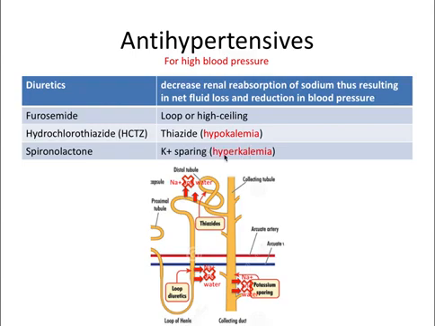So both of these are potential issues and can cause life-threatening problems with your heartbeat called arrhythmias, which we'll talk about later in the video. But it is important for the board exam to know that thiazide diuretics can cause a decrease in blood potassium and you might have to take a potassium supplement to combat that, and potassium-sparing diuretics can have the opposite problem.